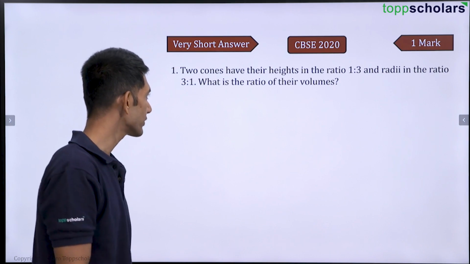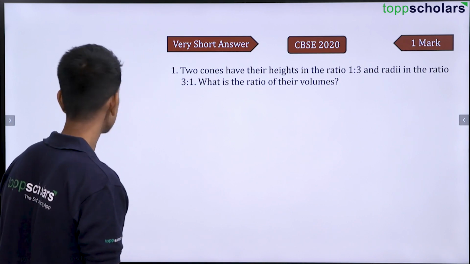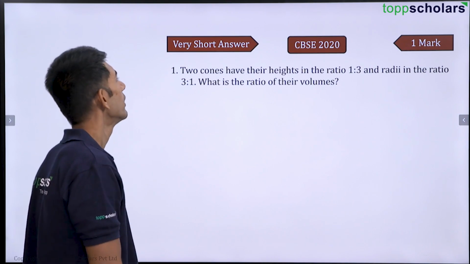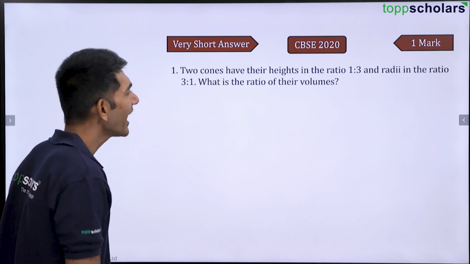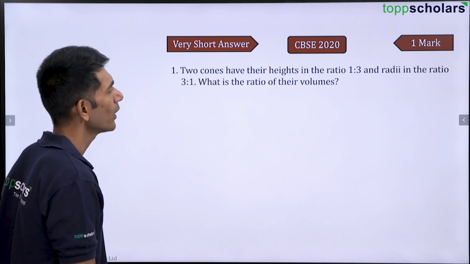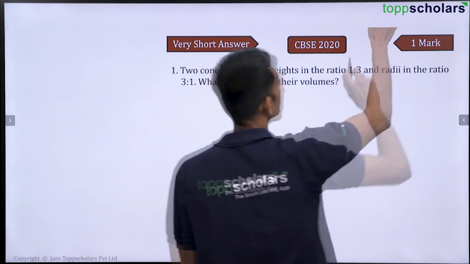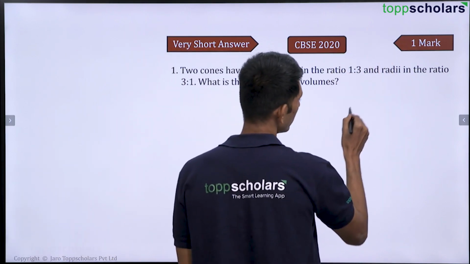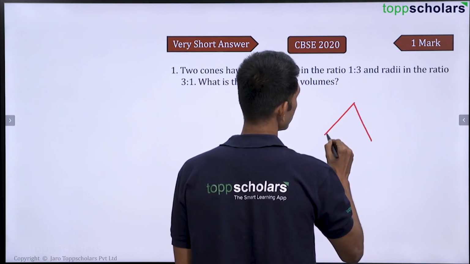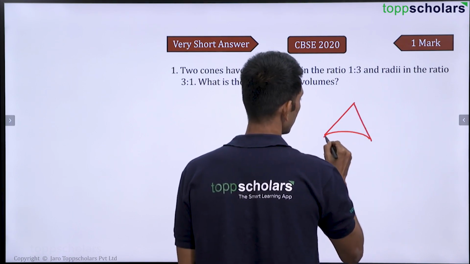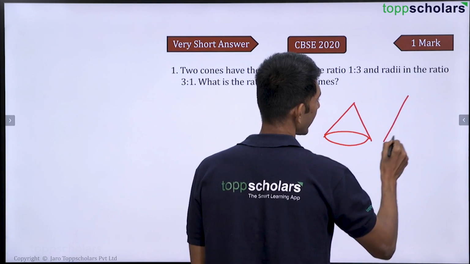So this was the first question asked in year 2020. Two cones have their heights in the ratio 1:3. So the heights of the cones are given. I can say the ratio of the heights of the cones. So there are two cones. This is, suppose, the first cone and this is the second cone.